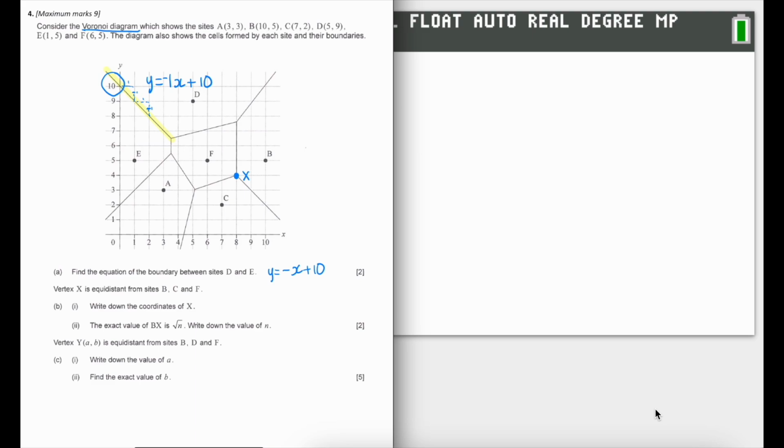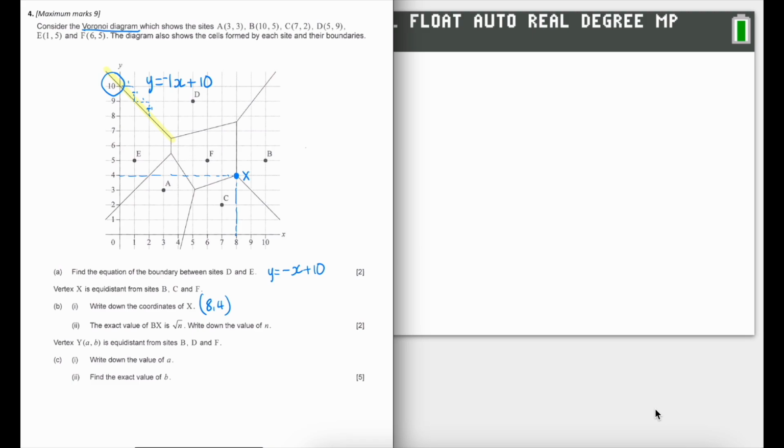So for this one, we can actually just read them across. We can see there that we have 8 on the x-axis and 4 on the y-axis. So 8, 4.